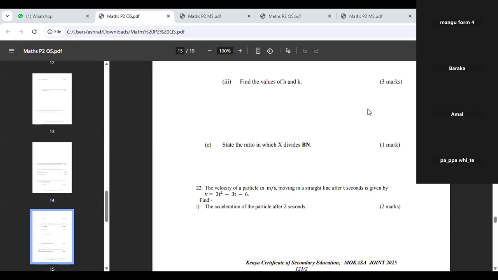Suppose we are given points A, B, and C, with their coordinates. The first thing you do, you form 2 vectors. You can form vector AB and maybe vector BC, or whichever, just 2 vectors using the 3 points. Then after forming the 2 vectors, you show that the 2 vectors are parallel. That is, you write one as a scalar multiple of the other one.